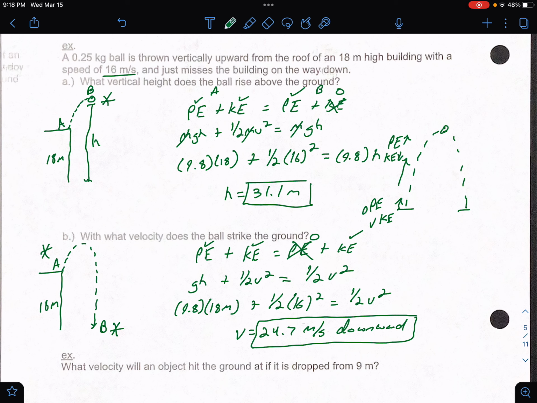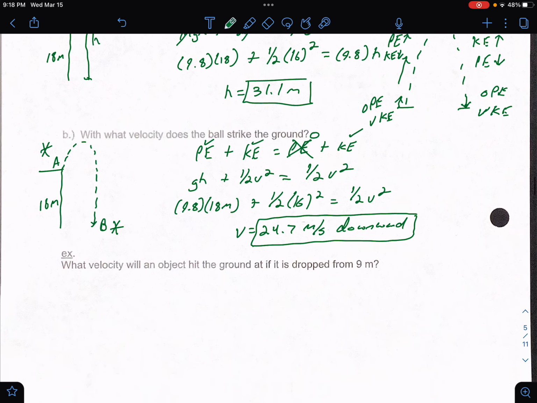Once you reach the top, you are purely potential energy and 0 kinetic energy. As you start going back down, kinetic energy starts going back up because you're speeding up again, and potential energy starts going down because you're losing height. Whenever you reach the ground, you no longer have height, so you have 0 potential energy and purely kinetic energy. So we didn't lose or gain energy, we're just shifting back and forth between potential and kinetic.